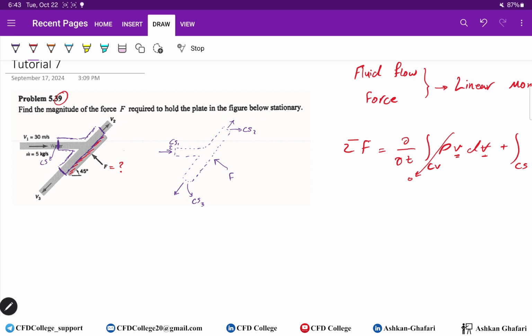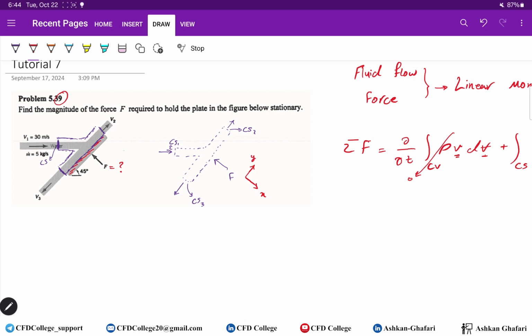And then the second step is to select X and Y axis. You should define the X axis and the Y axis. Most of the time we pick the direction in which we have the force. So here we have this F, so this should be, for example, X axis, and this should be Y axis.